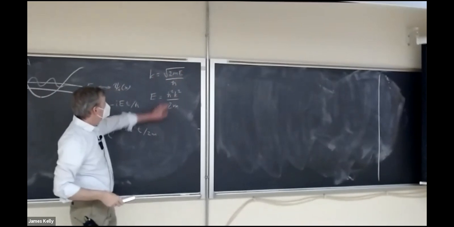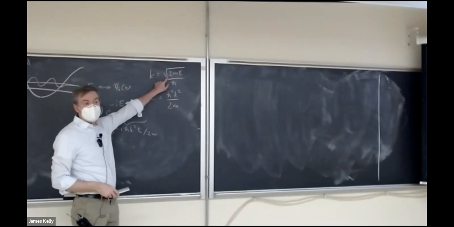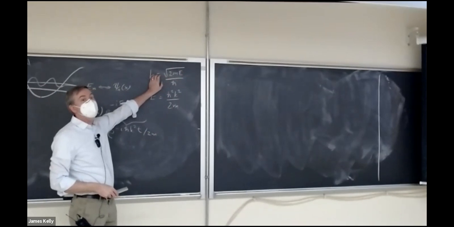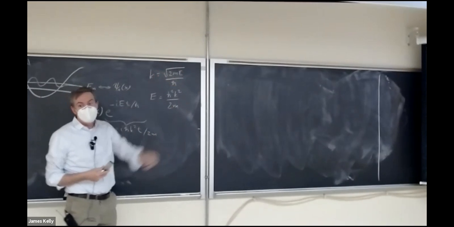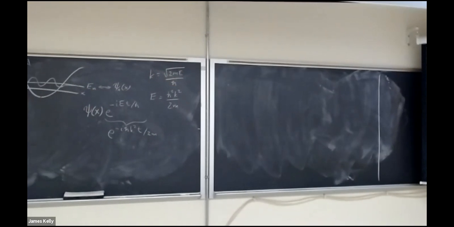Well, h bar is positive, and the output of the root is going to be positive. So k, at least starting out, is positive, right? We would say we only allow non-negative k's there.